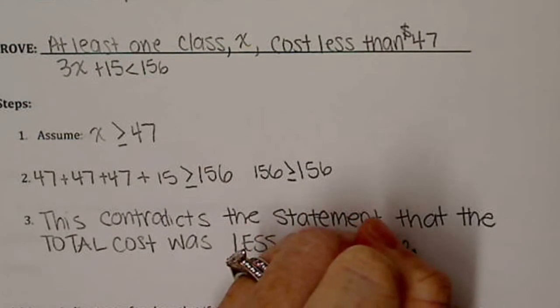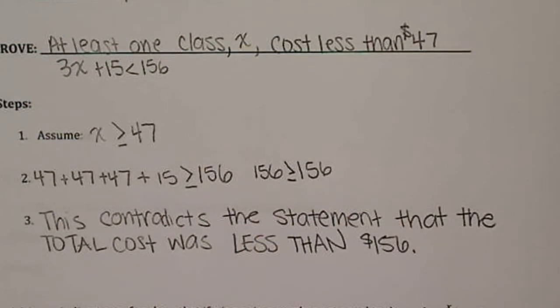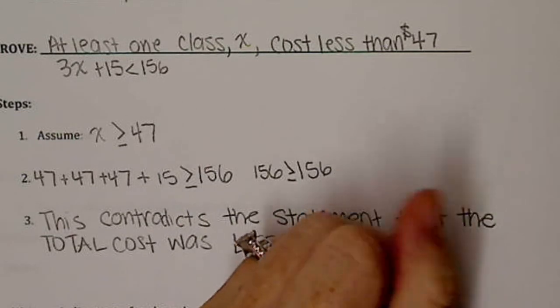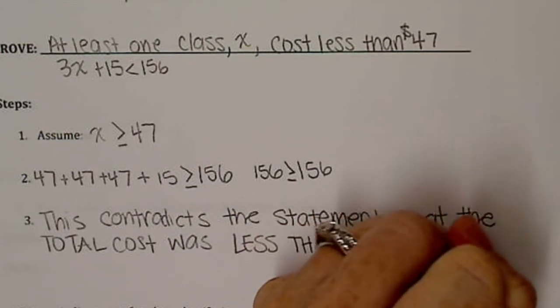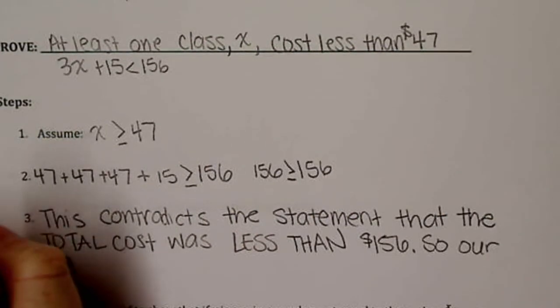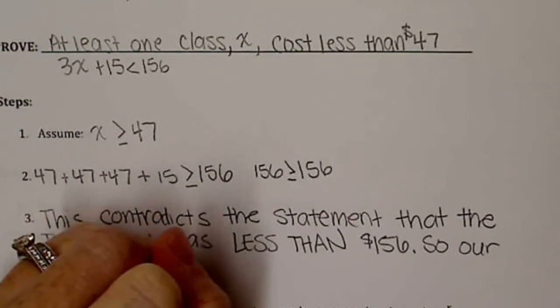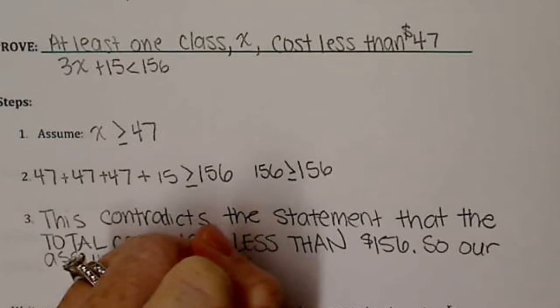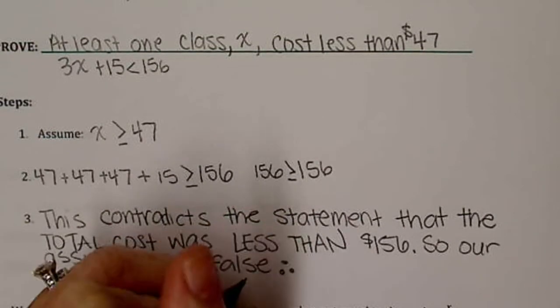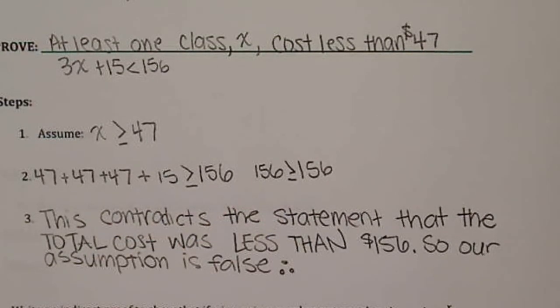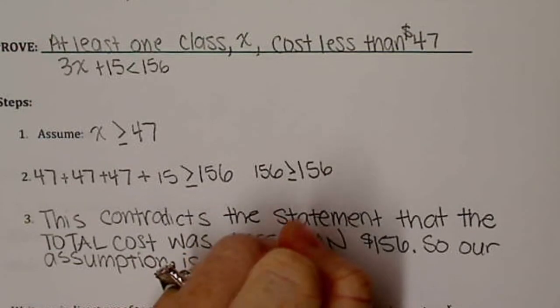Since it contradicts it, our assumption is false, which means that our class must cost less than $47.